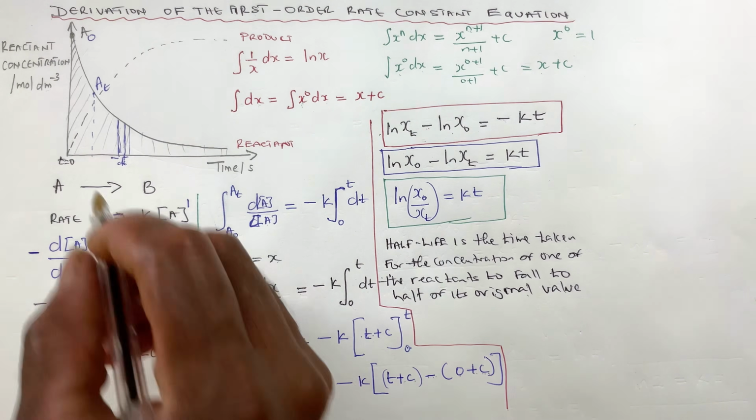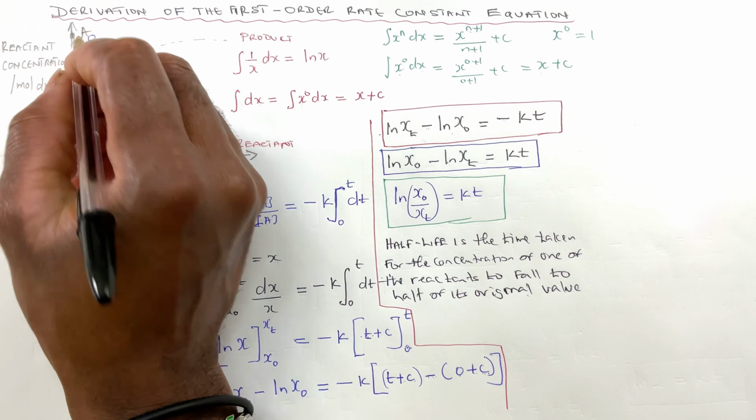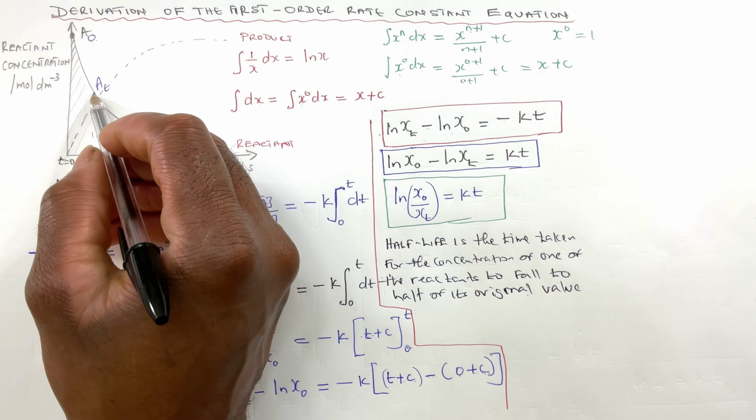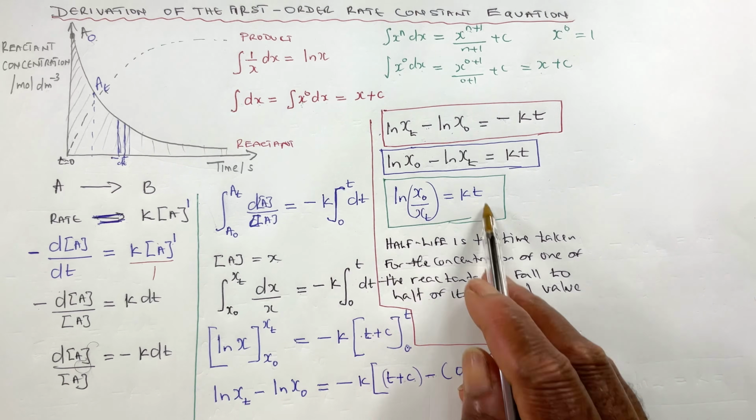So that would be the original, initial value of A, and this is the A in time t.